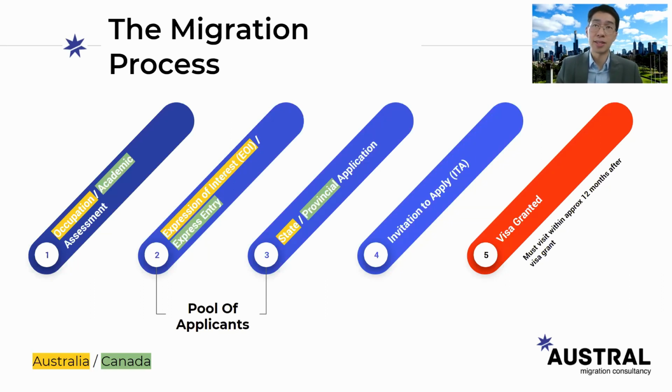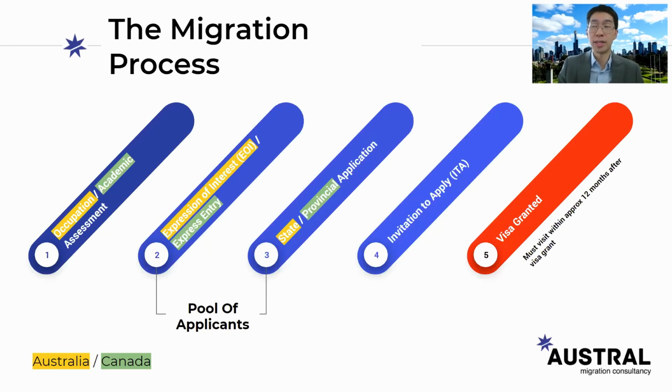In the pool of applicants, you can see stage 2, which is expression of interest for Australia, and express entry submission for Canada. Stage 3 is a state application for Australia, a provincial application for Canada, and then finally, invitation to apply and visa grant. They're the same for both countries, right?